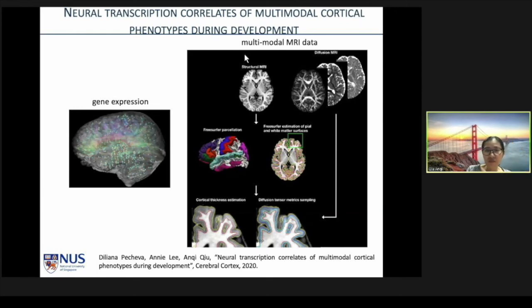Here we extract gene expression information from the BrainSpan database, and we are able to measure the gene expression information at specific brain regions from the fetal stage to early childhood. We then have brain imaging measures, including structural MRI as well as diffusion imaging data, from the neonatal period to early childhood.